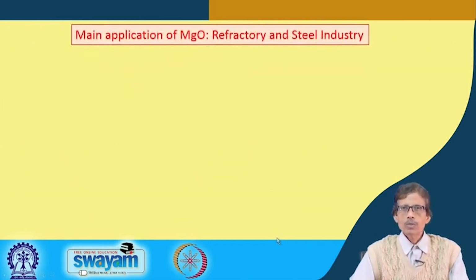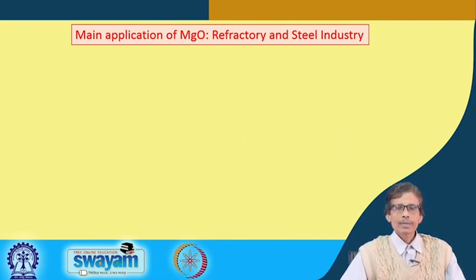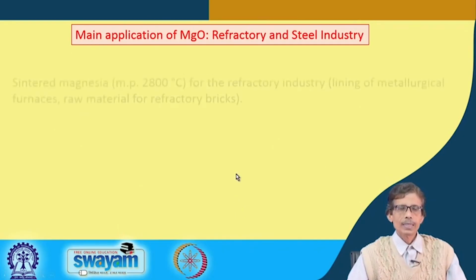Since we are getting some huge and very heavy material out of this, it can withstand very high temperature, it can be a very good refractory material, and also in the steel industry you can incorporate that magnesium in the steel material.